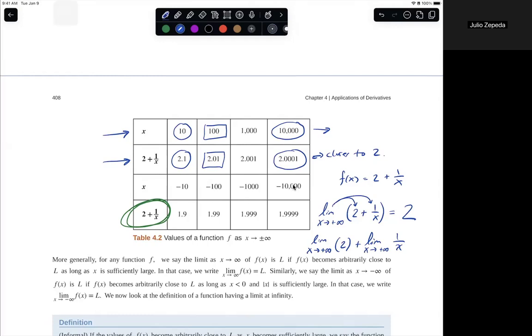The limit as x approaches infinity of 2 is just going to be 2, because as x grows to infinity, 2 just stays the same. It's a constant. Then the more important one here is the second limit: the limit as x approaches infinity of 1 over x.